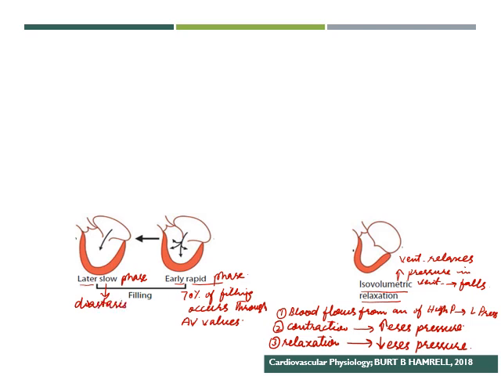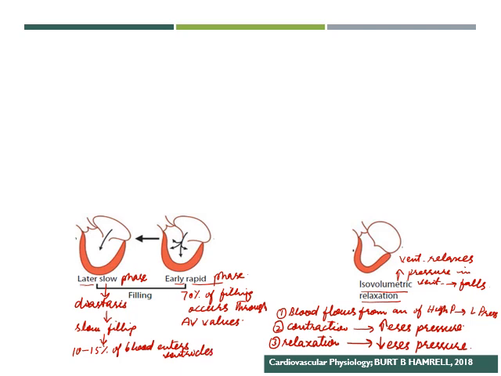Then comes the slow phase, that is also called diastasis, and during this phase slow filling occurs, and due to that slow filling another 10 to 15% of blood enters the ventricles.